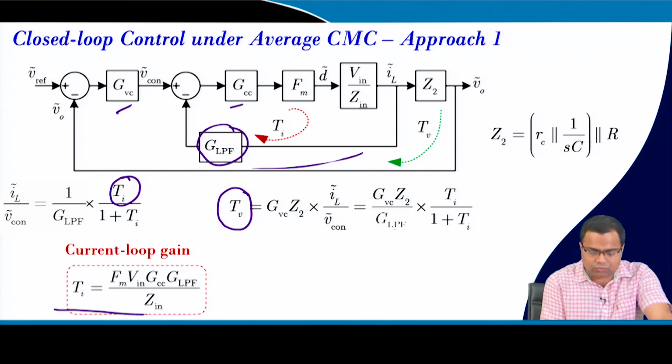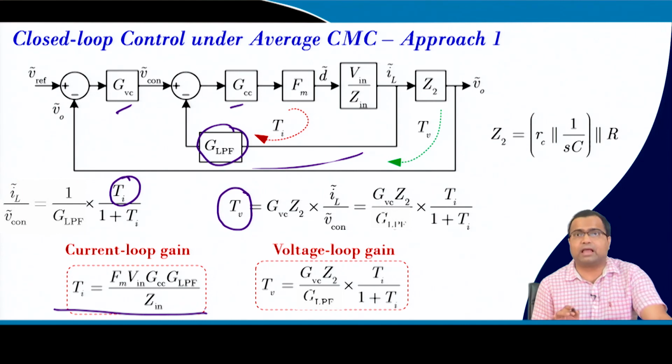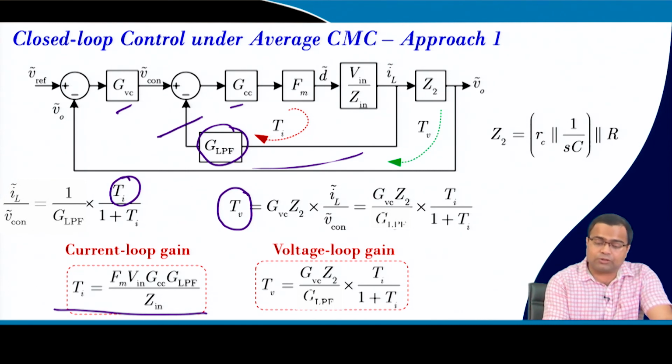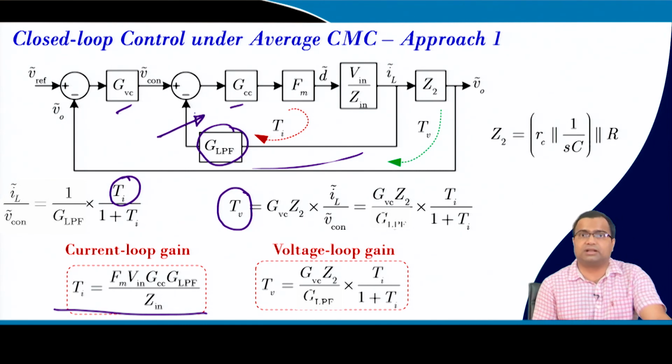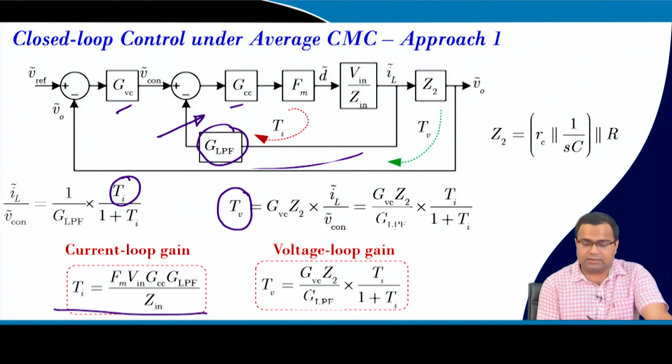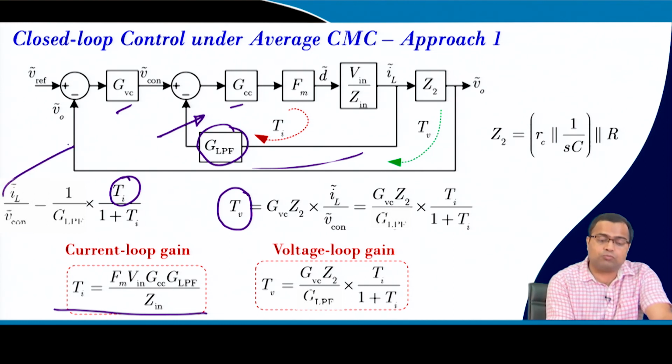This is the current loop gain, this is the voltage loop gain, and we have to make sure that the two loops are separated, because in two loop control the inner loop must be faster than the outer loop. So, if we slow down the inner loop in average current mode control by putting a low pass filter, we need to slow down the outer loop much more.